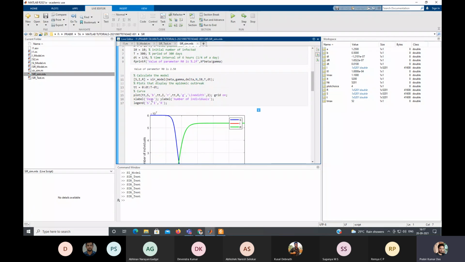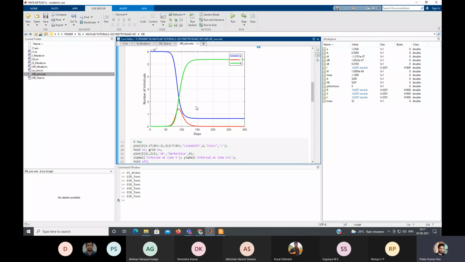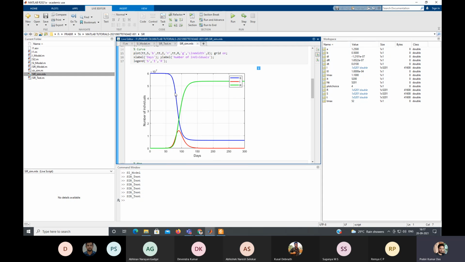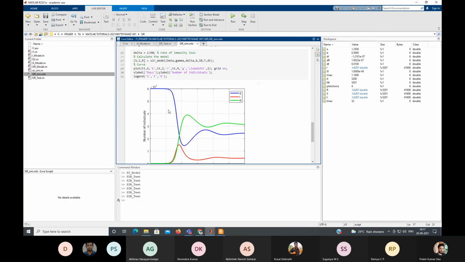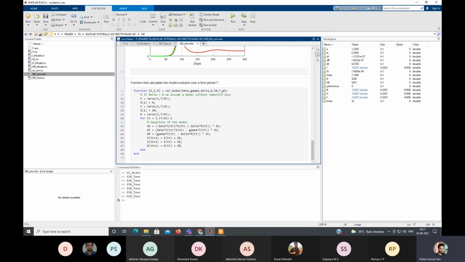Here is the same graph that is generated. You can add the legend part this way: you just have to put the command legend equals to S, I, R. And this is the function of the SIR model. I told you that you can also code it in a slightly different style.